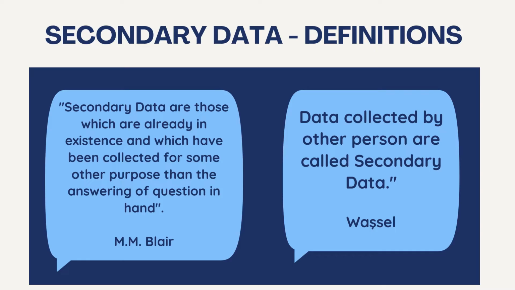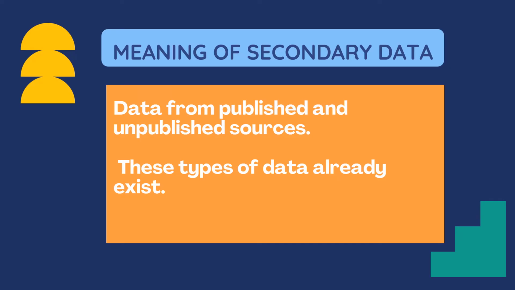The next statistician, Wessel, said data which is collected by another person is called secondary data. After reading these two definitions, we can say the data from published or unpublished sources are always secondary, and data which already exists is always secondary data.